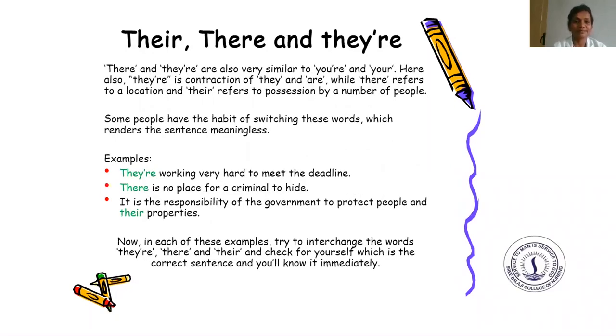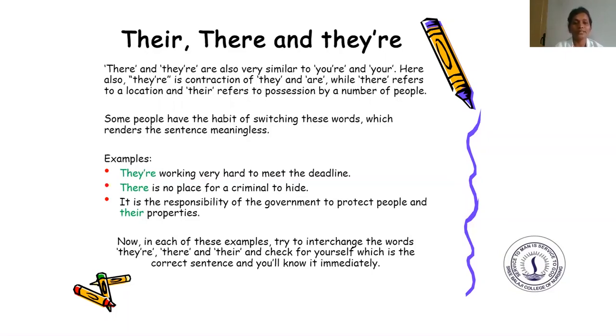There, their, and they're. There and they're are also very similar to you're and your. Here also, they're is the contraction of they and are, while there refers to a location and their refers to a possession by a number of people. Some people have the habit of switching these words, which renders the sentence meaningless. Examples: they're working very hard to meet the deadline. It is a contraction of they and are.